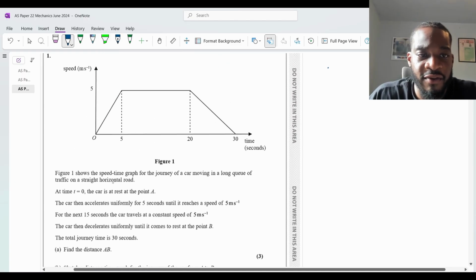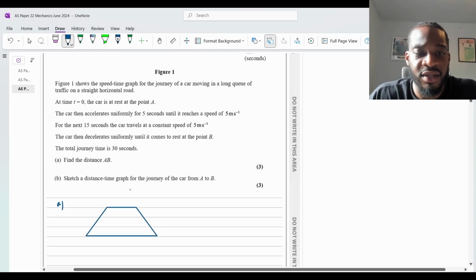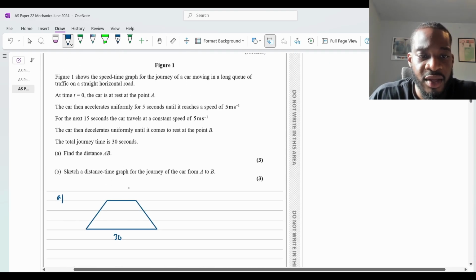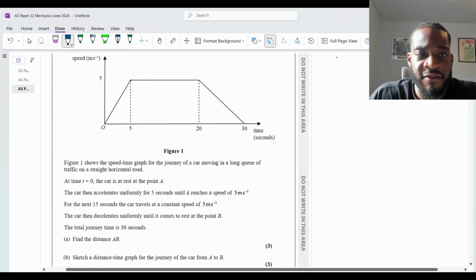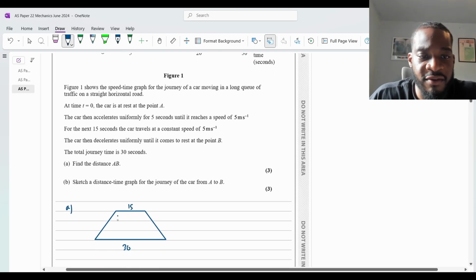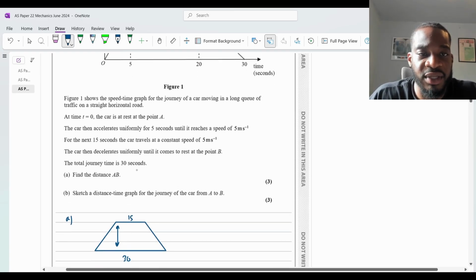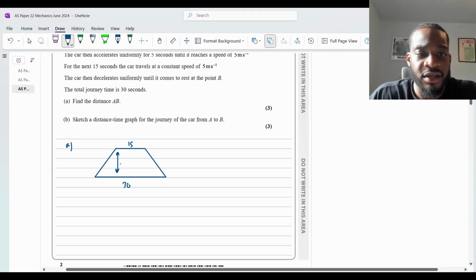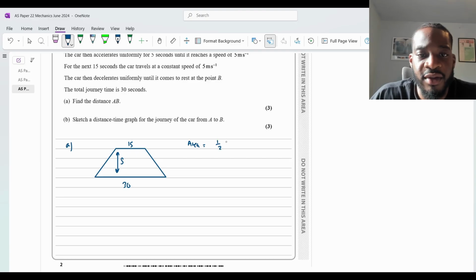So what do we have? It goes from 0 to 30 because that's the time, so that's just 30 at the bottom. At the top, 5 to 20 is 15, so we're going to put a 15 there. And then the vertical height is just the speed it goes up to, which is 5. So the area of a trapezium, we know, is just 1/2 times (a plus b) times h, isn't it?